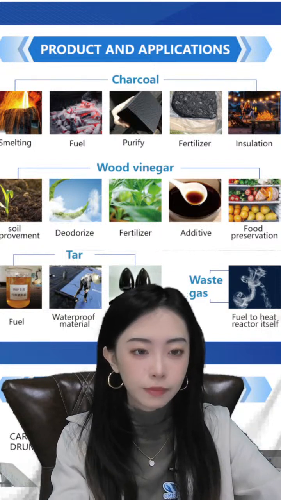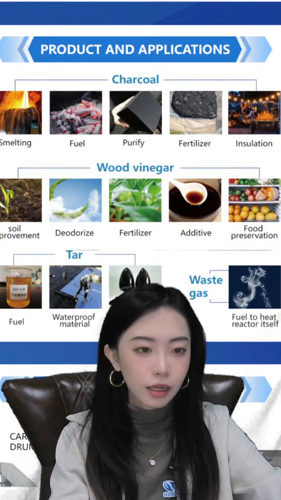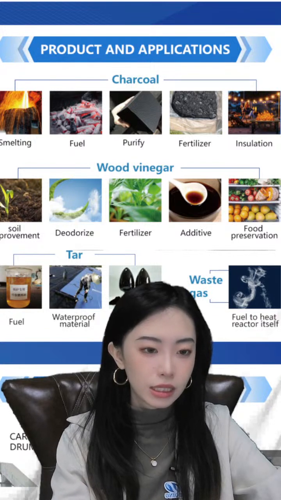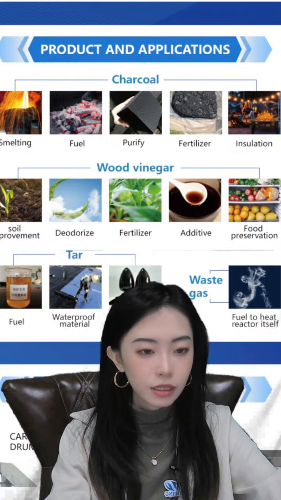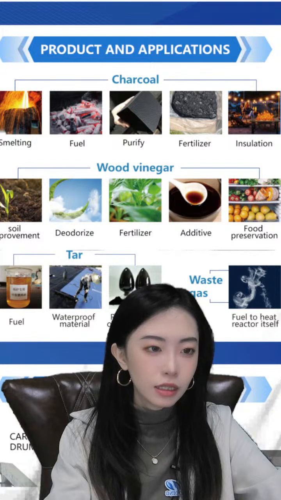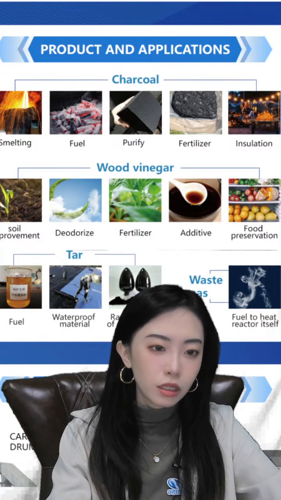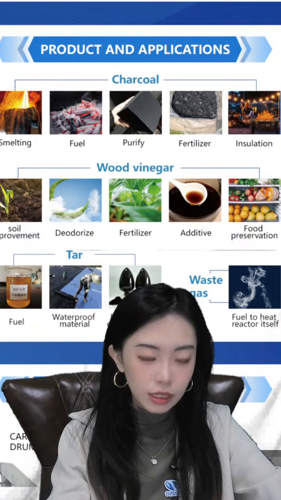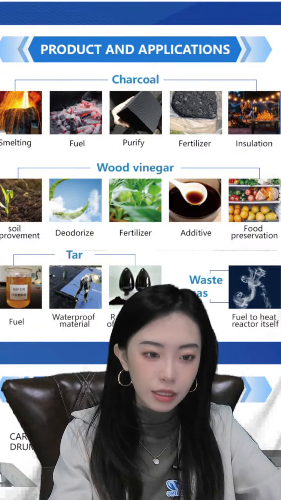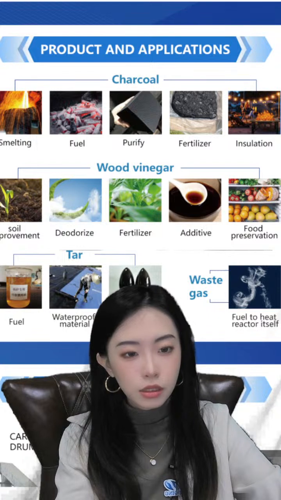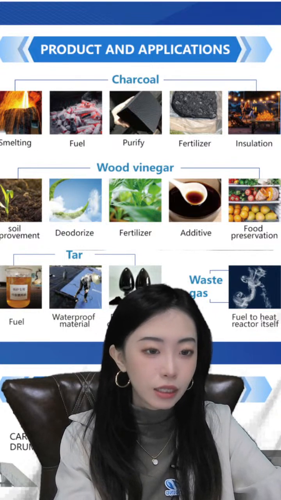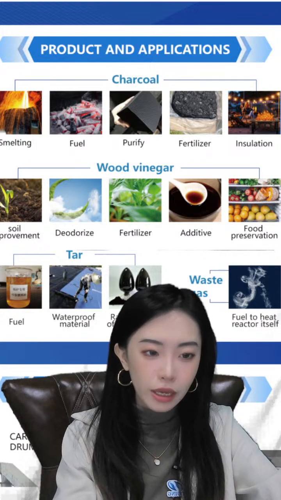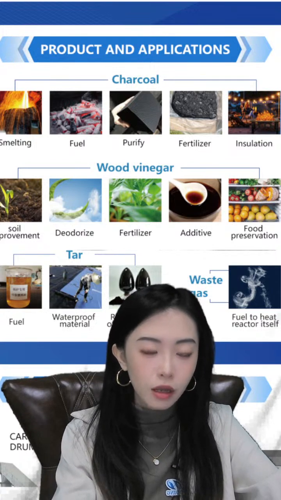We can use it directly by linking it with the furnace as heating energy, but we need to purify it first. This is some kind of technique. Not only can our equipment deal with biomass, we can also deal with waste, like daily waste, e-waste, solid waste, and other kinds of waste.